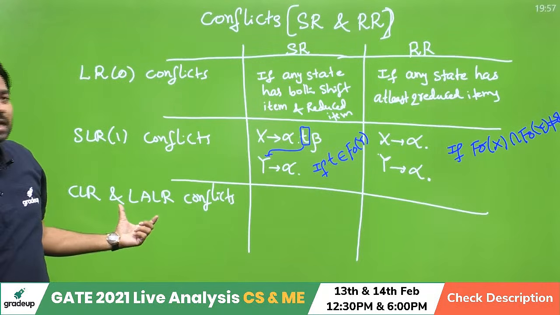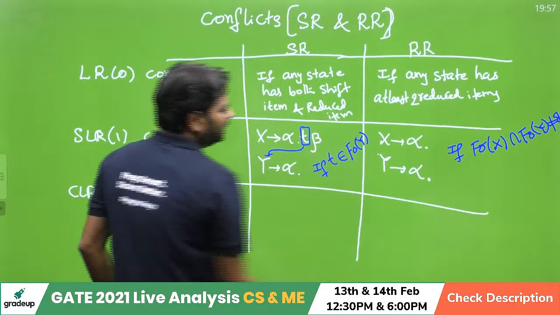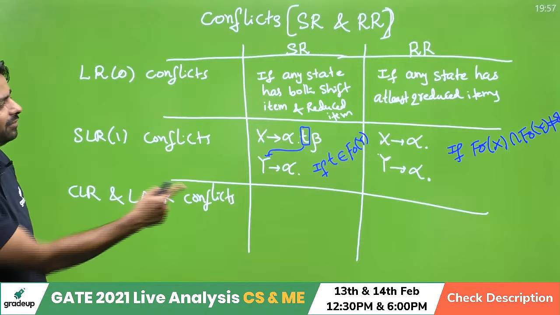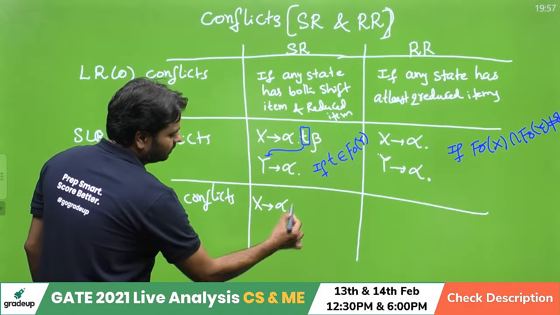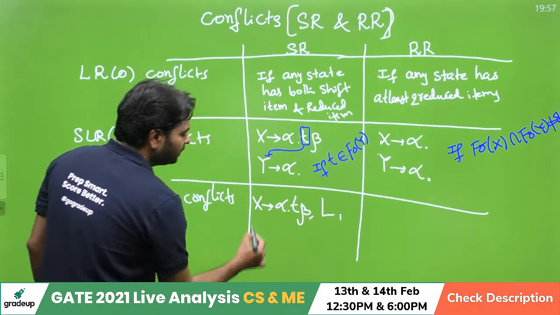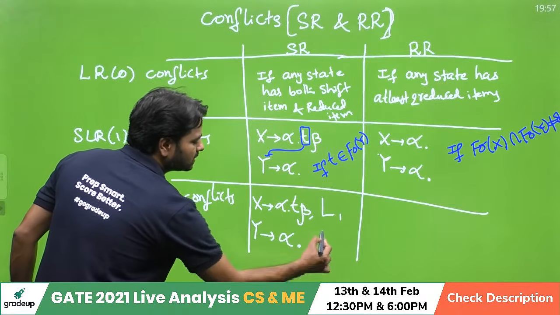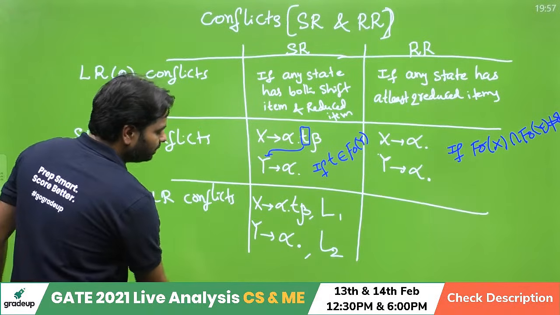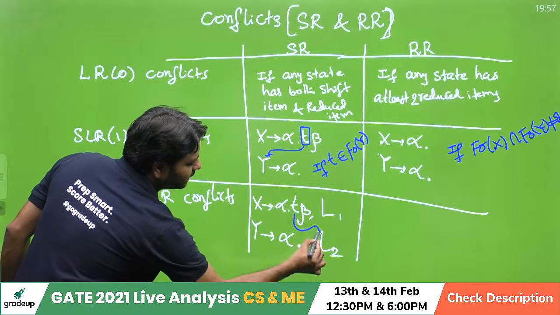Okay, what about CLR1, LALR1? It's very easy. There could be a question directly from this table, so you can remember it if you want. I'm writing L1, and the other one I'm writing, let's say alpha dot or gamma dot, your choice. What is the rule to check? This T, just check here.